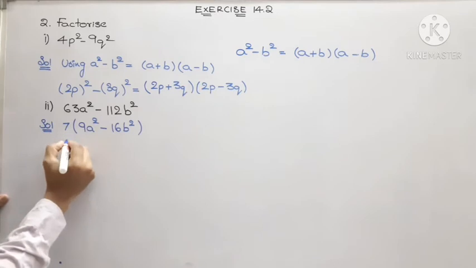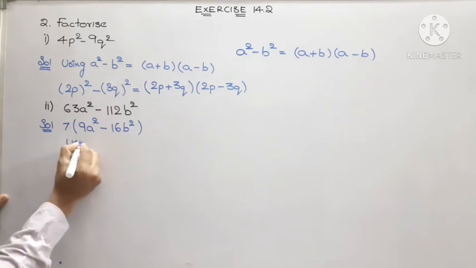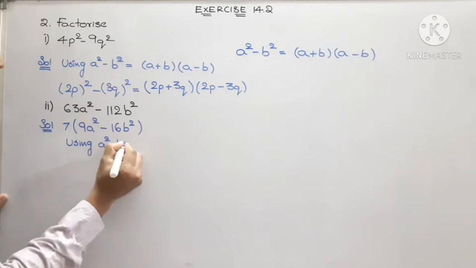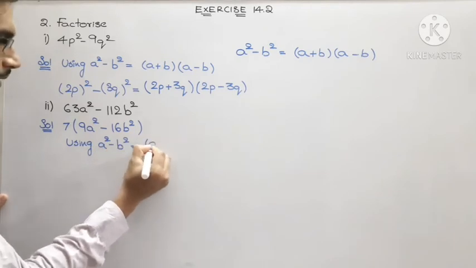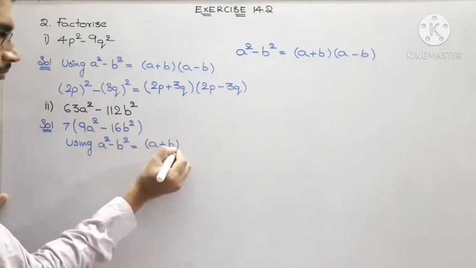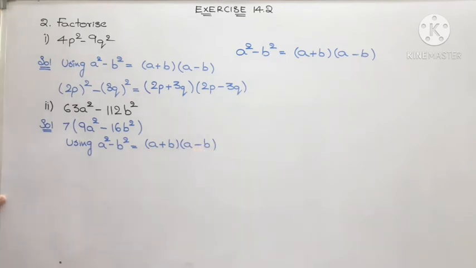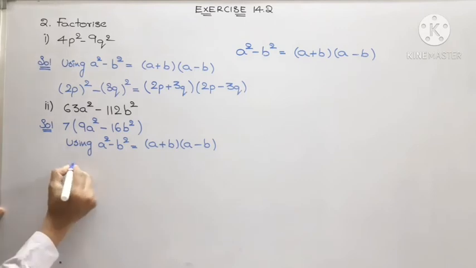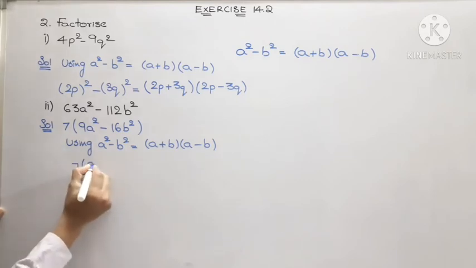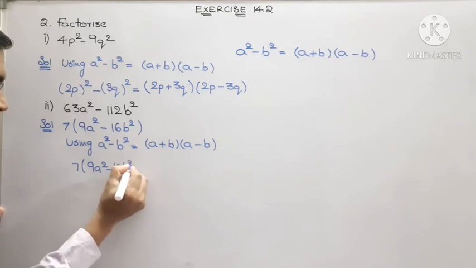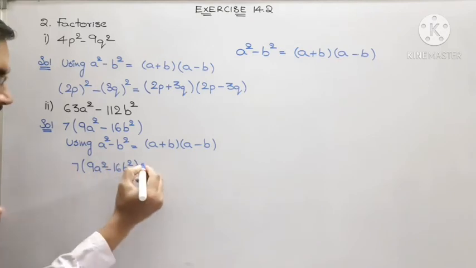Now using the same identity which we have been using, a square minus b square is equal to a plus b multiplied by a minus b. So 7 multiplied by 9a square minus 16b square. Please don't forget to keep this 7.